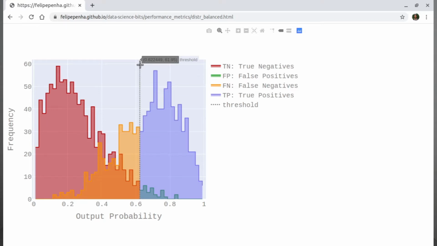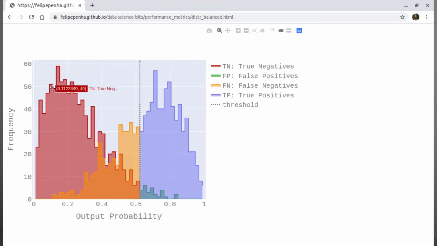It means that everything above the dotted line is positive for the model, and everything below the dotted line is negative for the model. So we have 4 possibilities, and these are all the ones that are here on the legend. True negatives, false positives, false negatives, and true positives. So these are actual negatives.